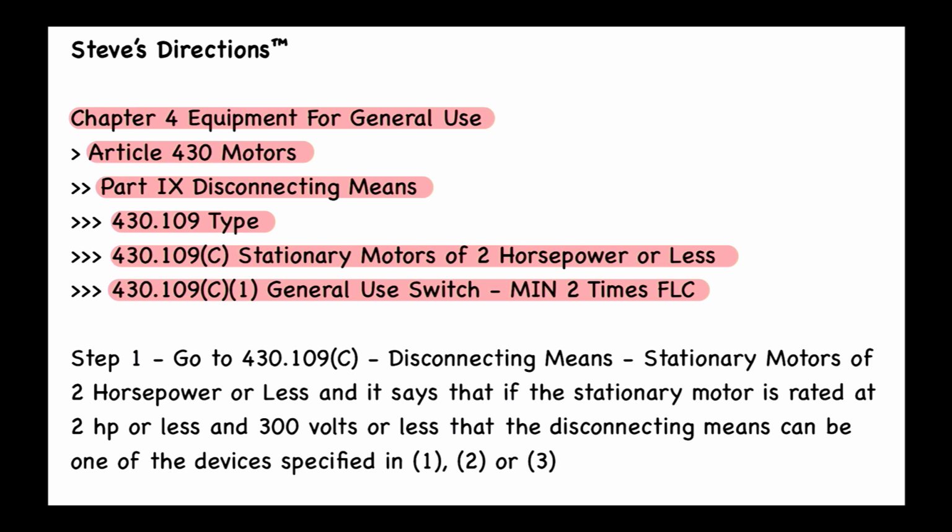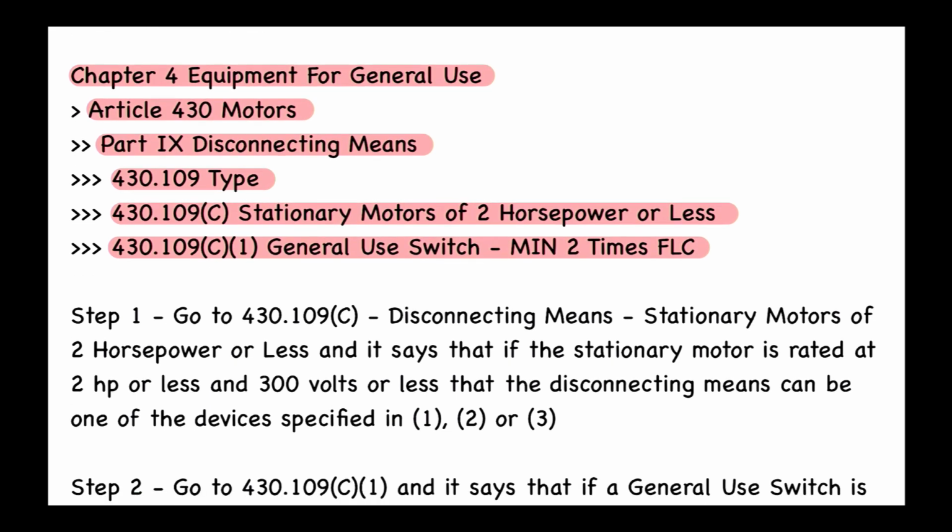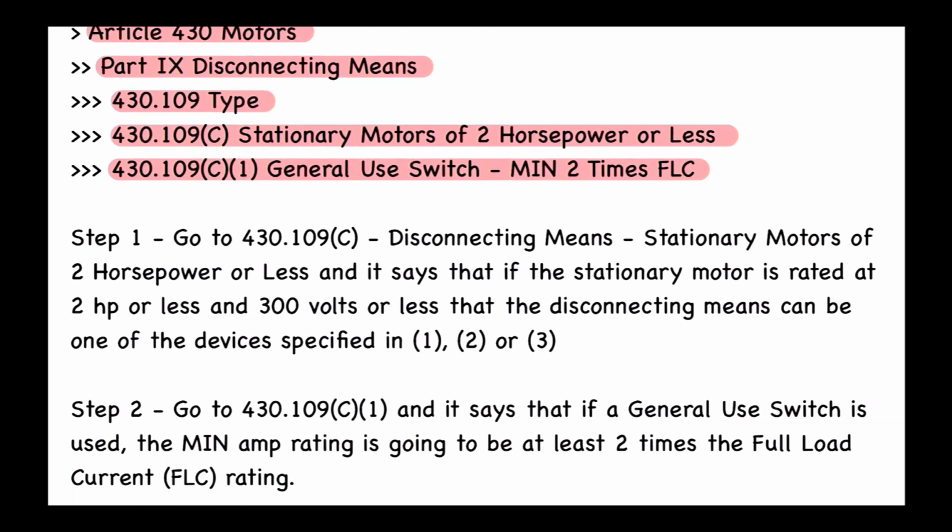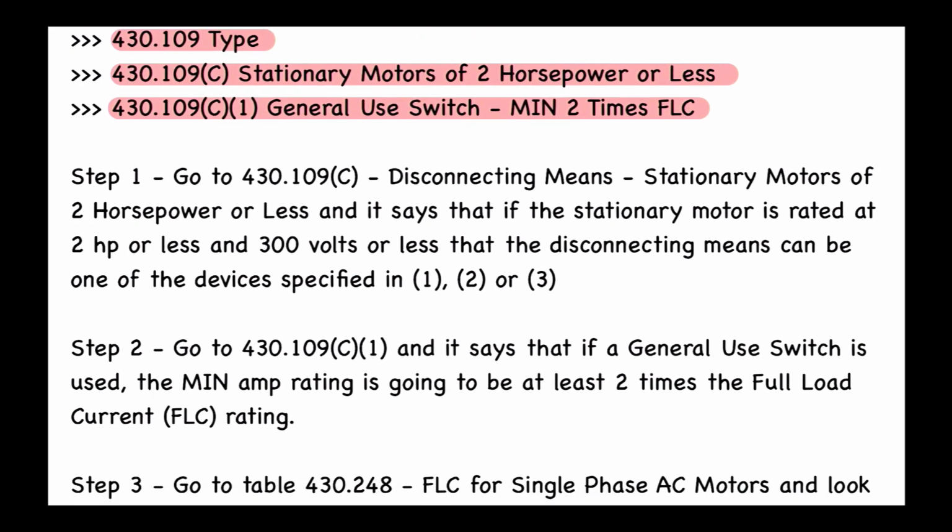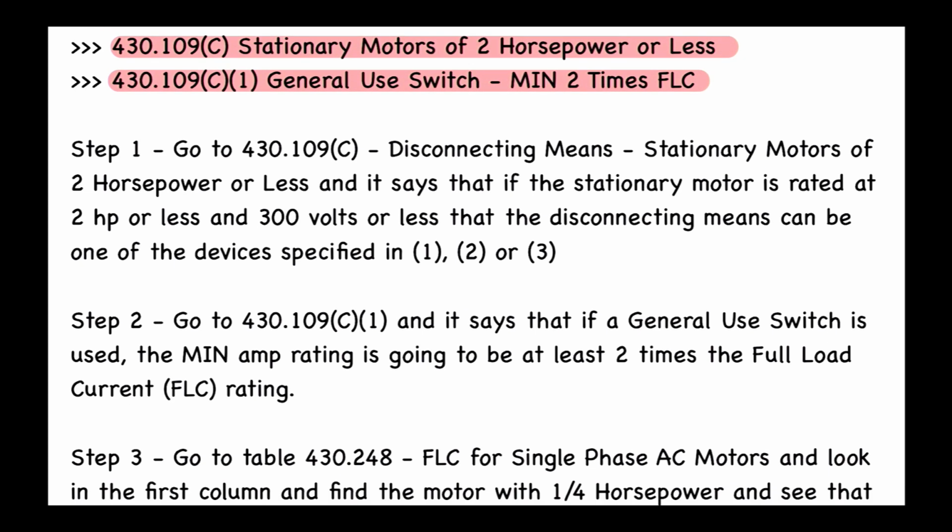All right, so step number 1. We're going to go to 430.109(C), the disconnecting means, in our code book, and it talks about stationary motors of 2 horsepower or less. It says that if the stationary motor is rated at 2 horsepower or less and 300 volts or less, the disconnecting means can be one of the devices specified in 1, 2, or 3.